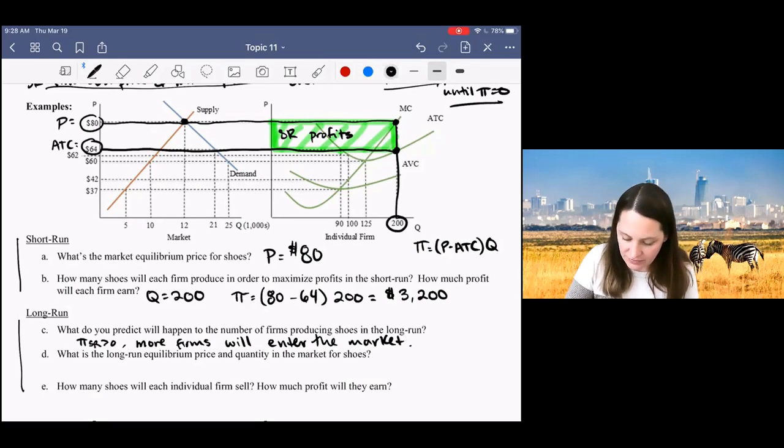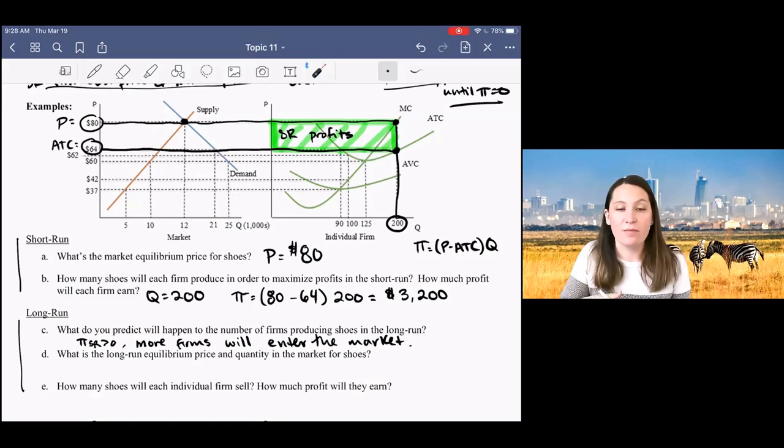When the number of firms increases, what's going to happen to our supply equation? It's going to shift out, right? It's going to get bigger. We have more firms, we have more supply, so supply will shift to the right, will shift out, until profits are equal to zero.